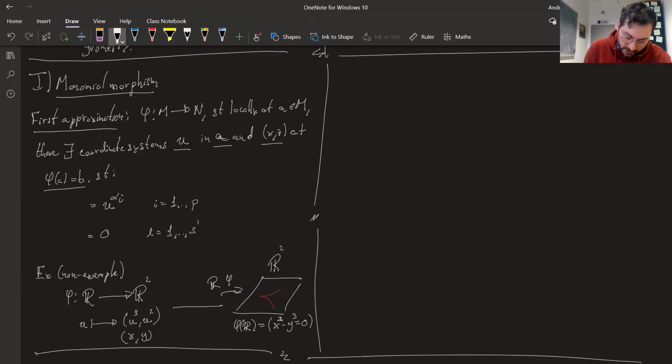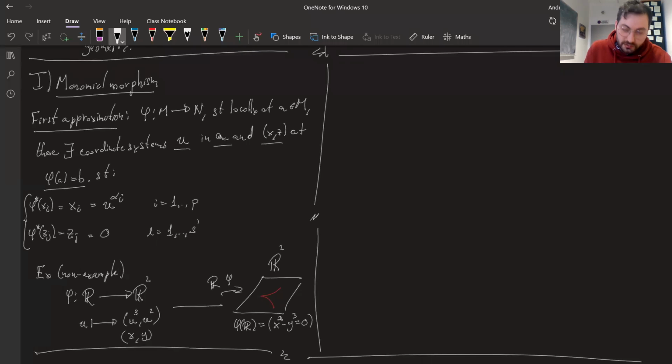When I write like this, I should really mean that I'm pulling back x_i, and I'm making this slight abuse of notation. Does that clarify? Yes, thank you.